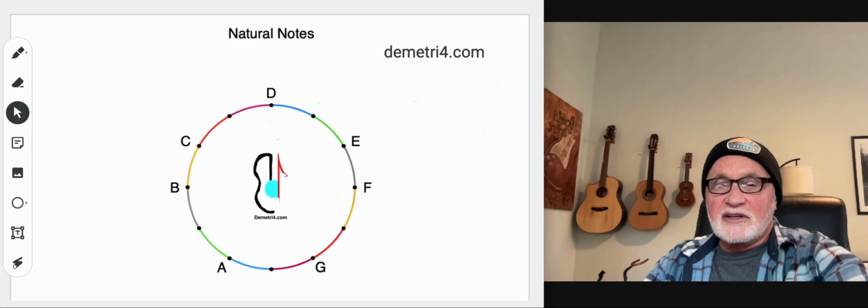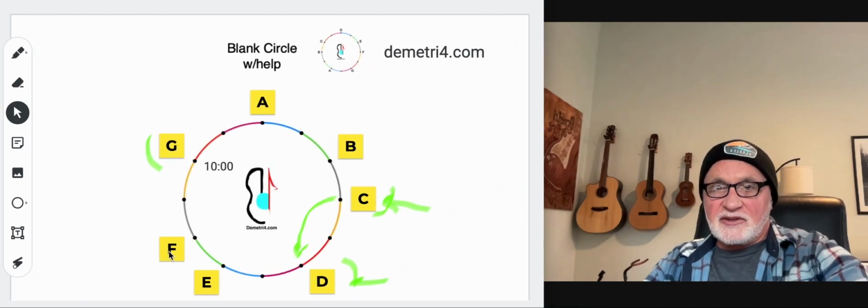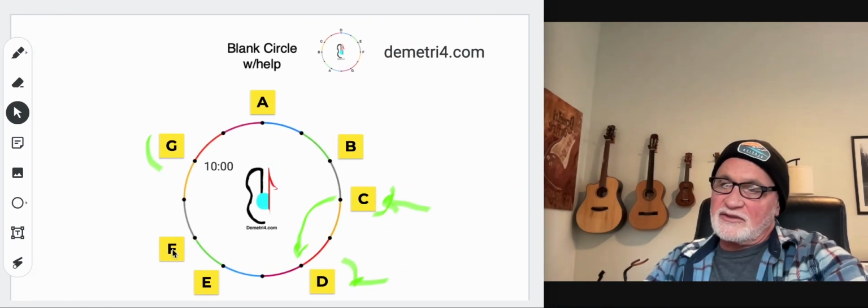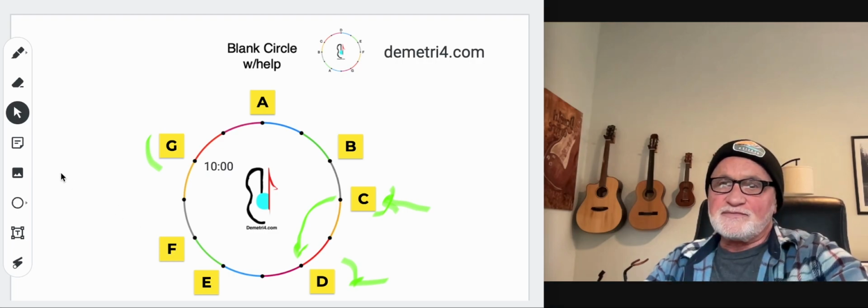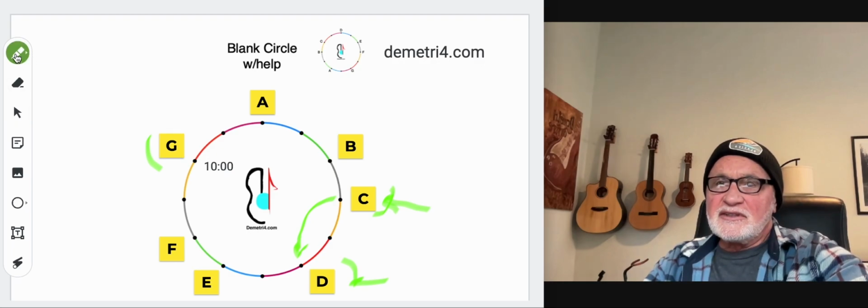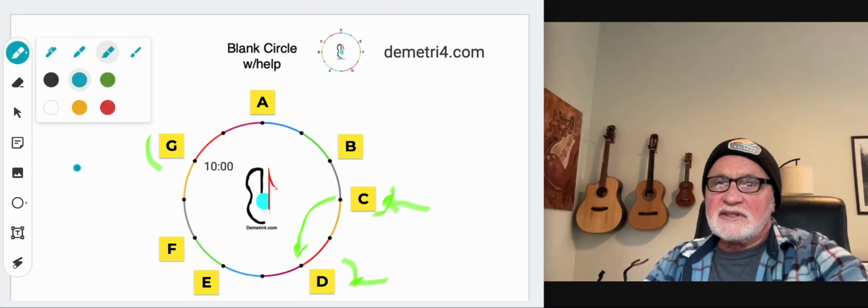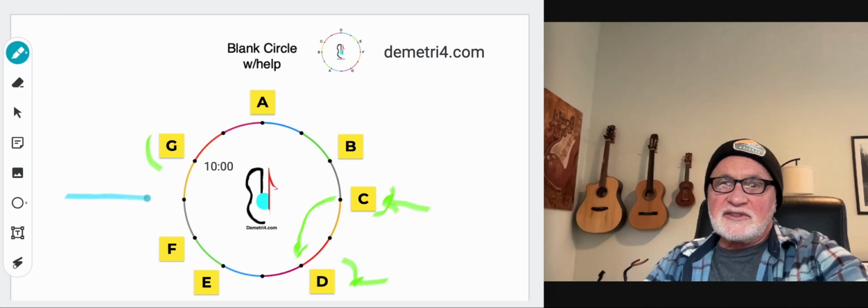And that's why we're saying this is incorrect, because this F is not where it belongs, okay? We need the altered note at 9 o'clock to give us the correct major tetrachord structure. So we need that note here, and we need this note to get out of here, okay?